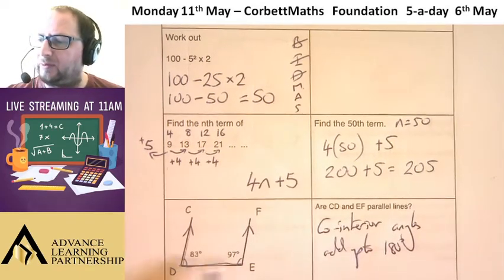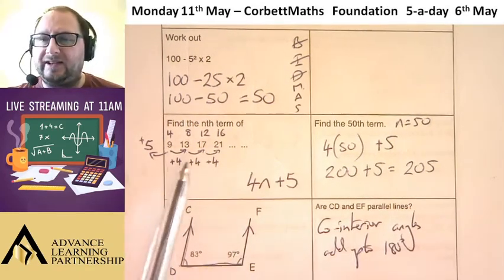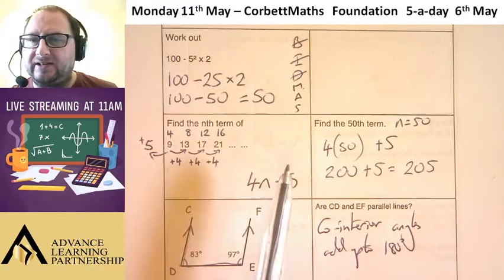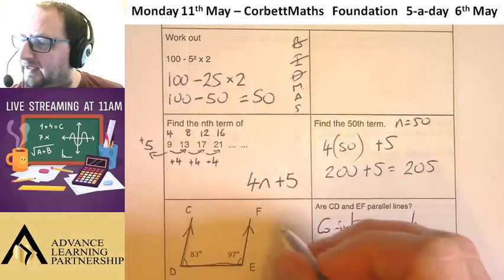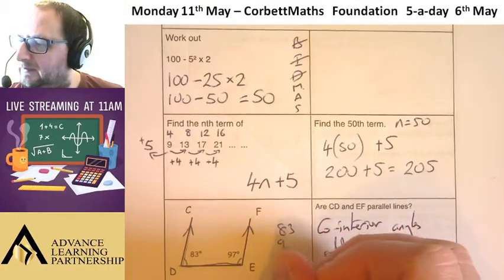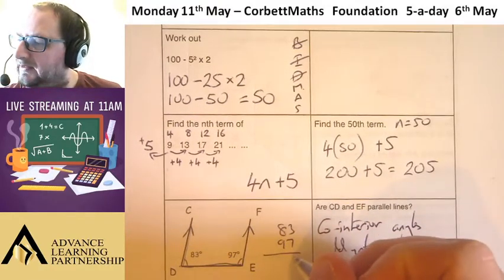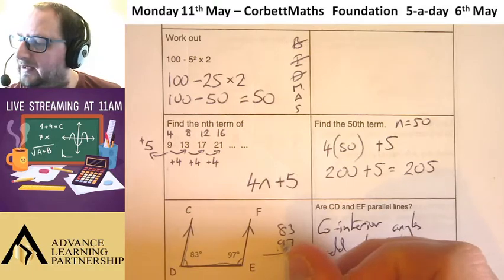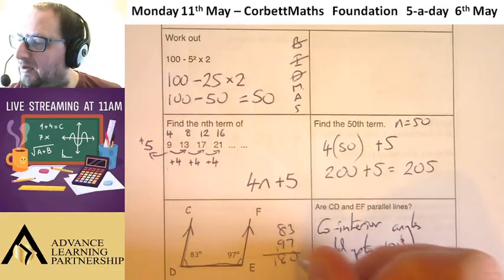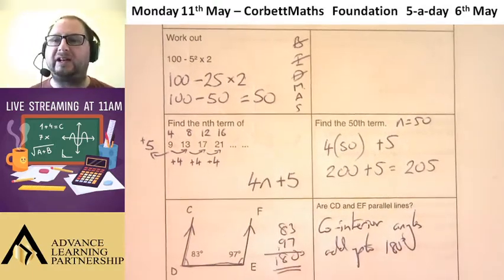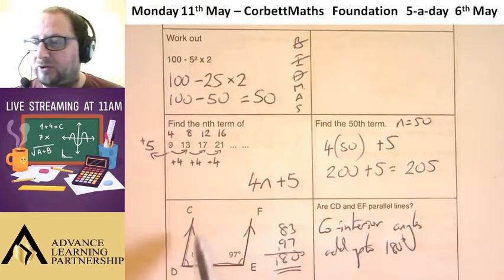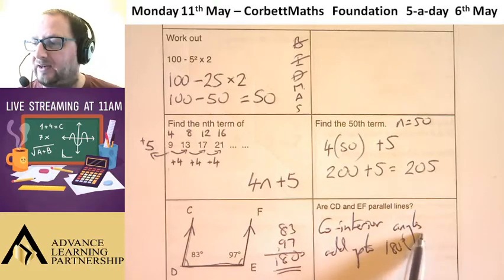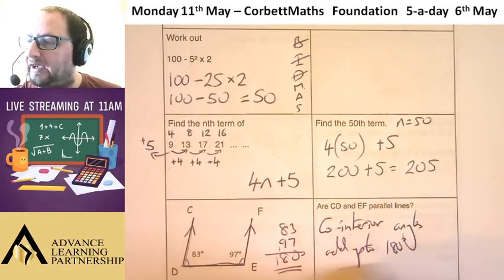So if these two add up to 180, then these two lines CD and FE are parallel, and if you add those two together you get 10 to carry, and then you get 10 there, plus you do get the 180 degrees. So these two lines are parallel because we've got co-interior angles, and co-interior angles add up to 180.